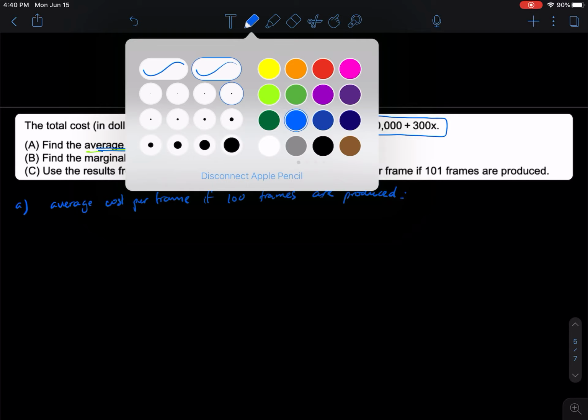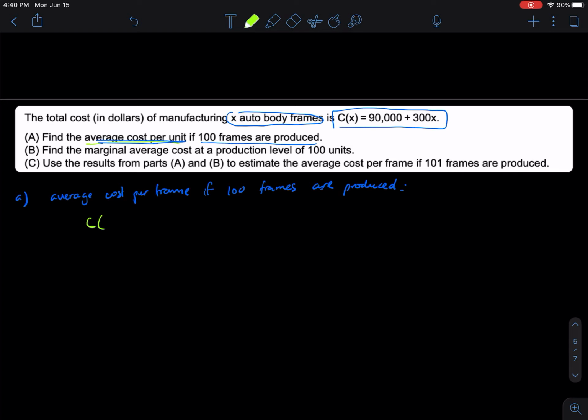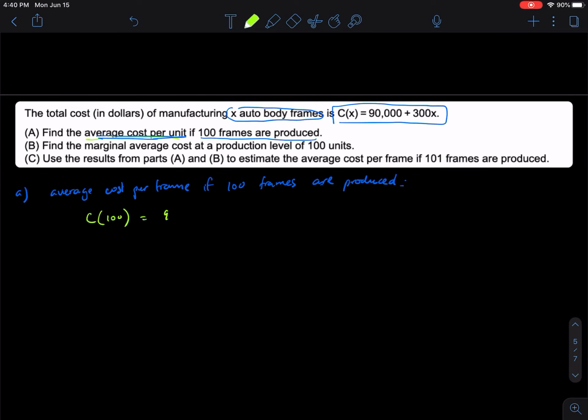To find the average cost per frame, we will need to find the total cost of producing 100 frames first. So that is just 90,000 plus 300 times 100, which gives us a total cost of $120,000 for producing 100 frames.